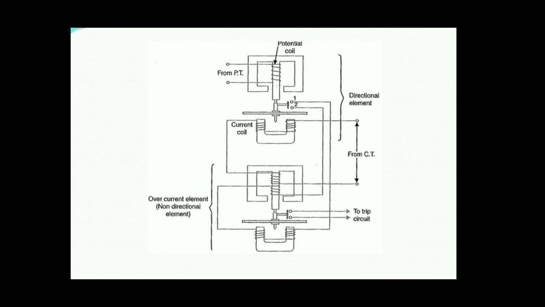This is the constructional diagram of a directional overcurrent relay. It consists of two sets of relays: the first one is the directional element and the second one is the overcurrent element.